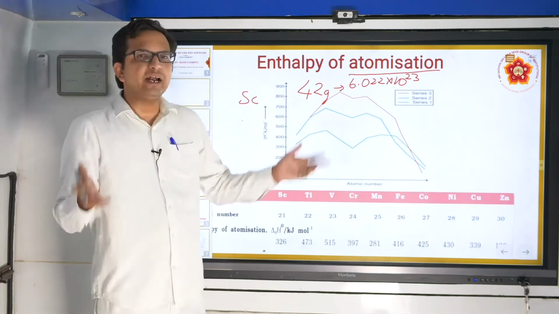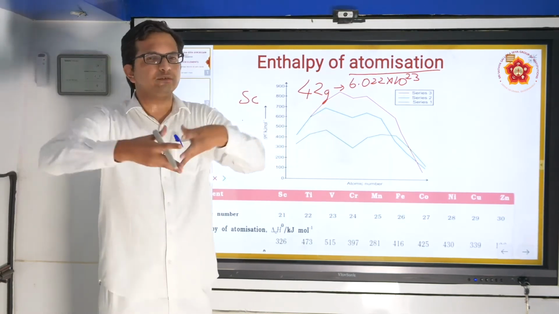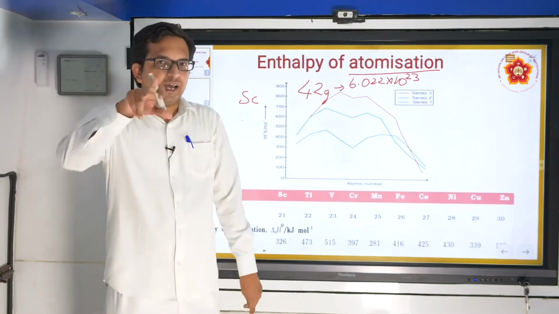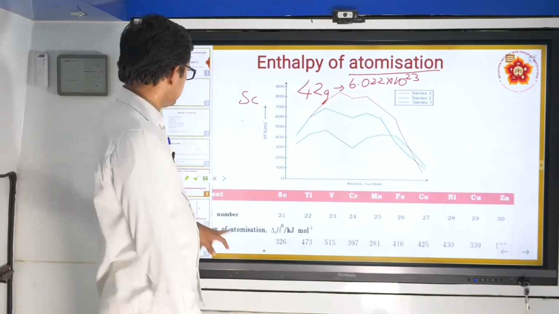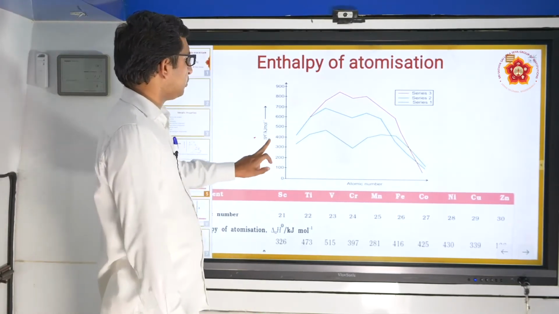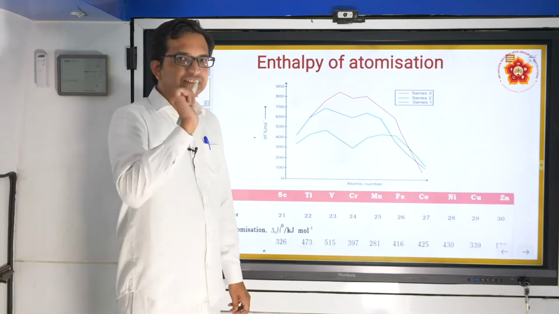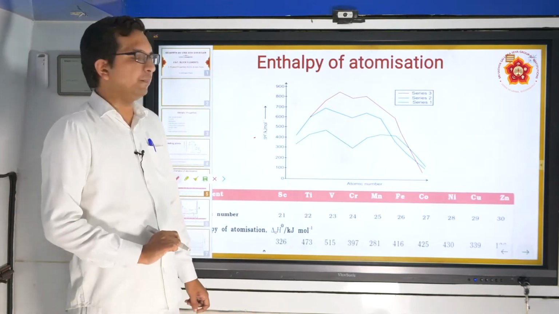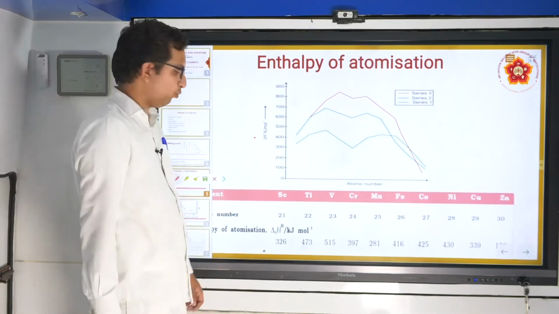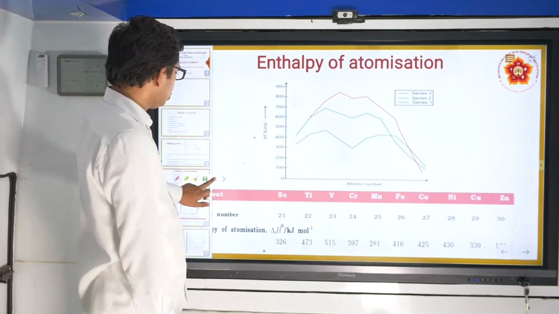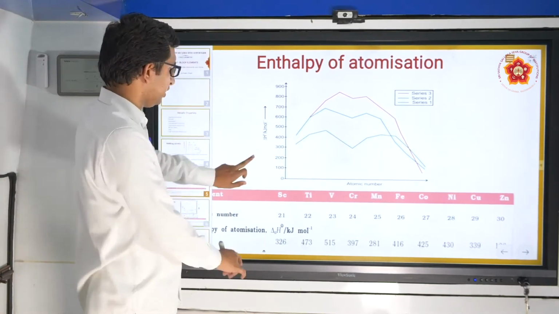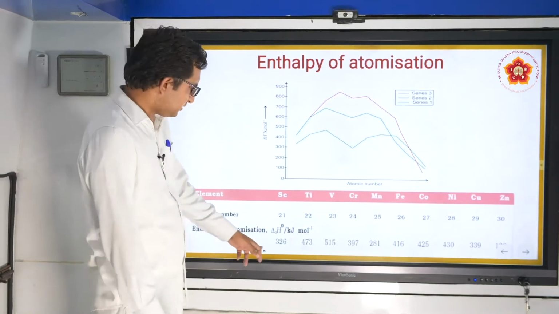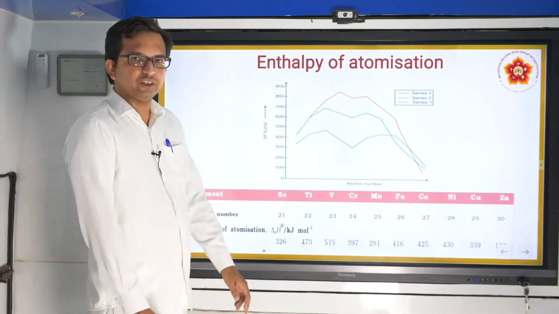So when so many atoms are present, naturally all those atoms have to be combined together. The energy for that combination is called enthalpy of atomization. So this energy required for the combination is considered here, and once again we are going to do a study of this. Let us see the values which are present here in the first place.